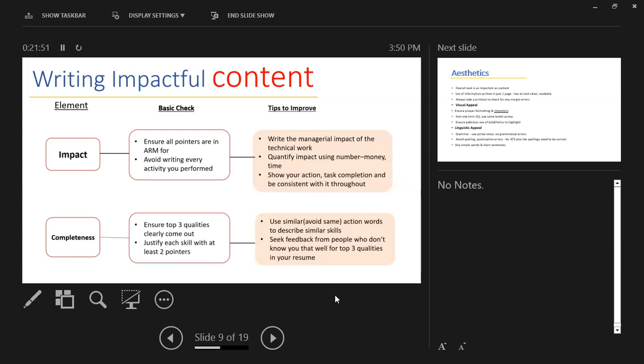Seek feedback from people who don't know you that well for the top 3 qualities in your resume. Don't just write leadership or team player. Ask your friends, and if most of them say you are a team player or that you have leadership skills, then you can definitely include those skills.